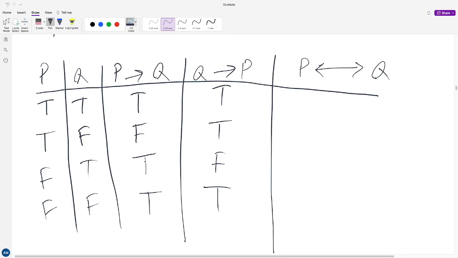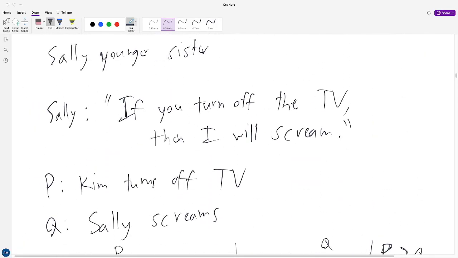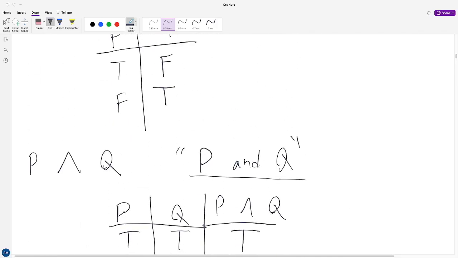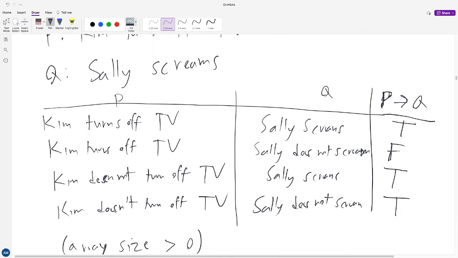And remember, P if and only if Q is an AND statement. It means P implies Q and Q implies P. Now, when will this AND statement be true? If we go back up here, instead of saying P and Q because we're already using P and Q, let's call them A and B. A and B are true exactly when A is true and B is true, right?